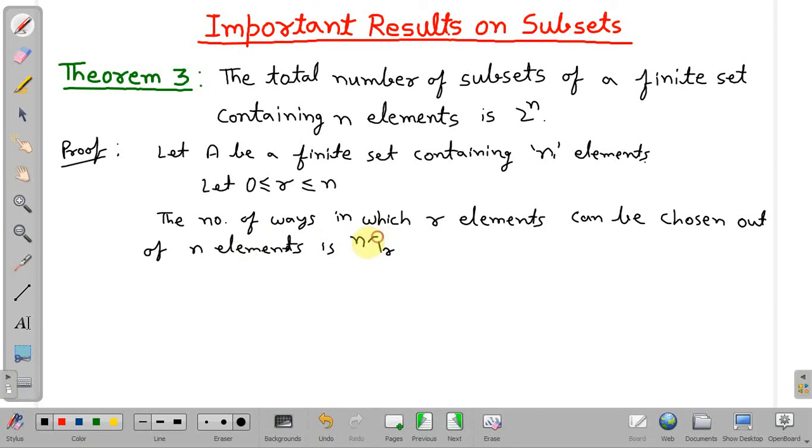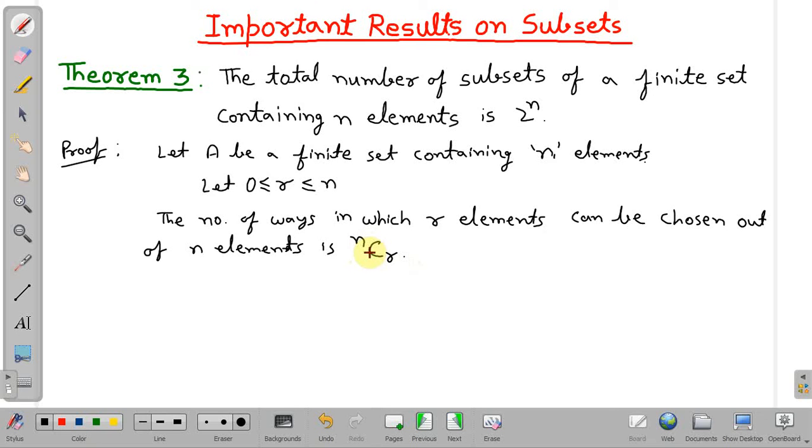It is a formula of combinations. We can write clearly nCr, that is, we are choosing r elements at a time out of n elements. So r will vary from 0 to n.